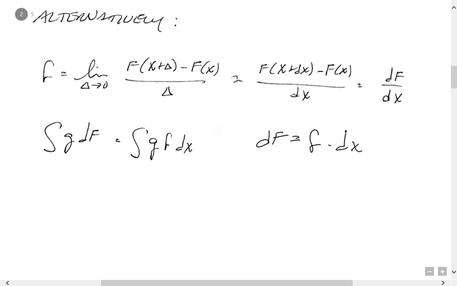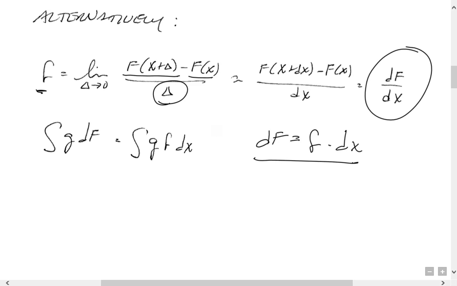In terms of the Riemann integral, we can consider that our density, little f, is defined as the limit of the CDF evaluated at x plus delta minus the CDF at x, divided by delta. And that gives us dF, the CDF, over dx.